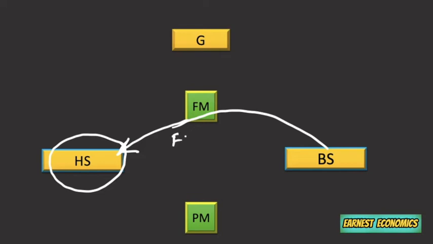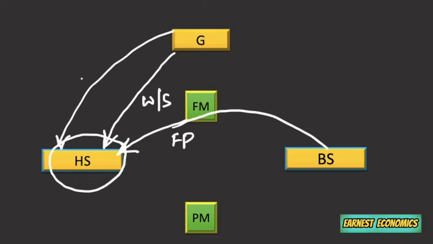The other source for the household sector, or income of an economy, is salaries and wages, that we have already talked about earlier. And the third source is the transfer payments that we already talked about earlier. So these are three sources of income, or we can say national income, in an economy.